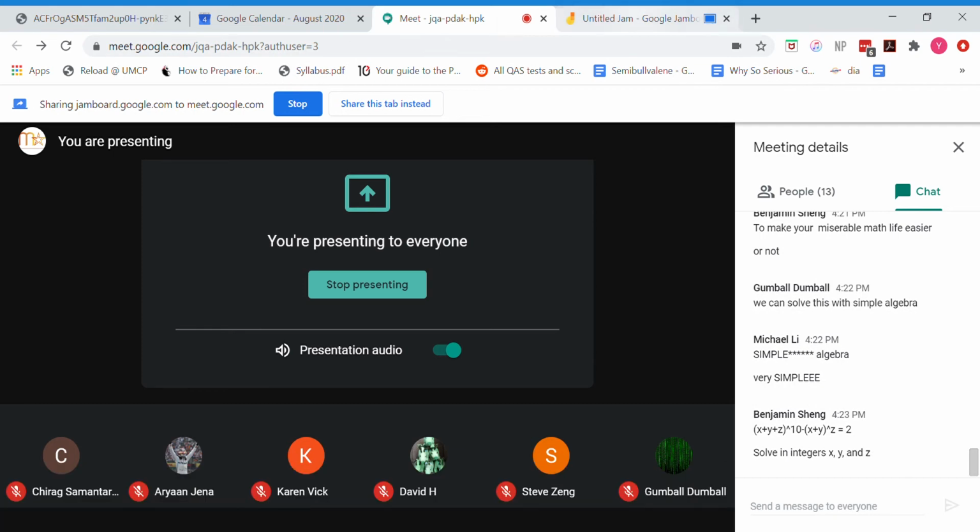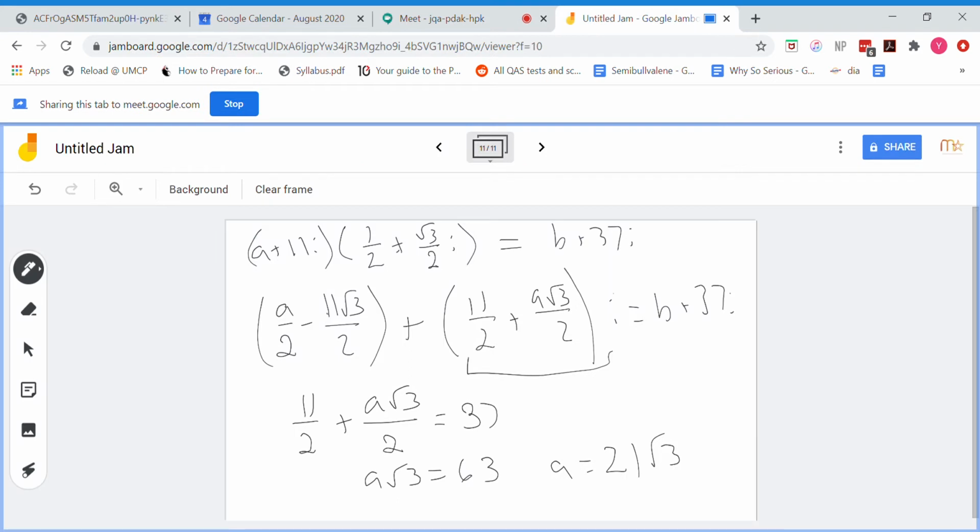Okay. So this is some simple algebra now. We have a equals 21 root 3. If we plug this back in, we have b equals a over 2 minus 11 root 3 over 2, which equals 5 root 3. And then we're asked to find ab, and so ab in this case will be 315.